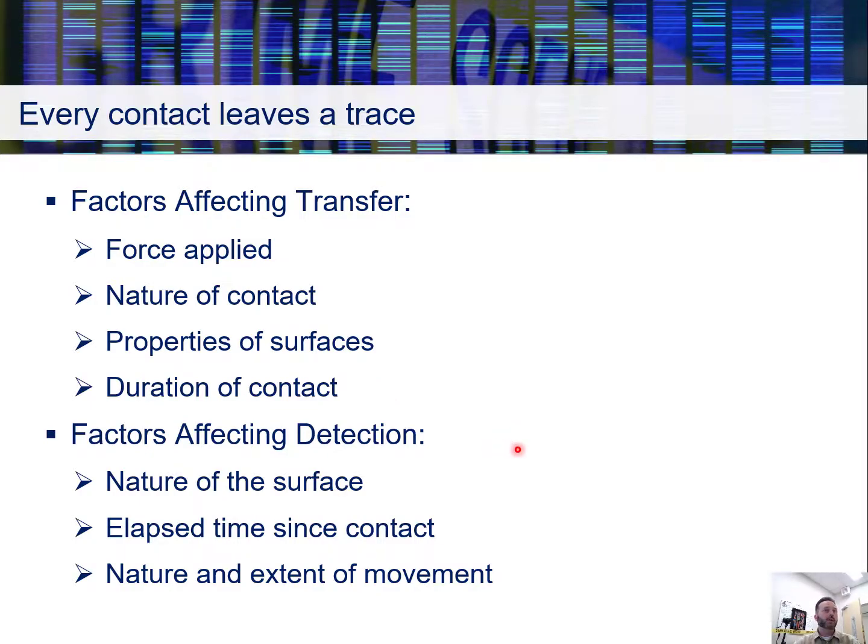On top of that, there are also multiple factors that may affect the detection of the trace, right? And again, that might be the nature of that surface, when that contact has occurred, how much time has passed since that contact, and obviously the nature and extent of the movement. So all these factors, all these topics are very important, and honestly, each one of them requires a dedicated lecture at the minimum, if not a dedicated course.